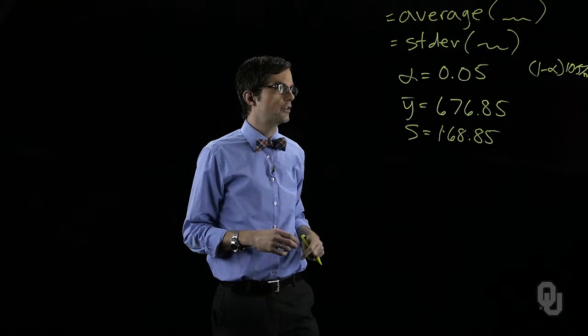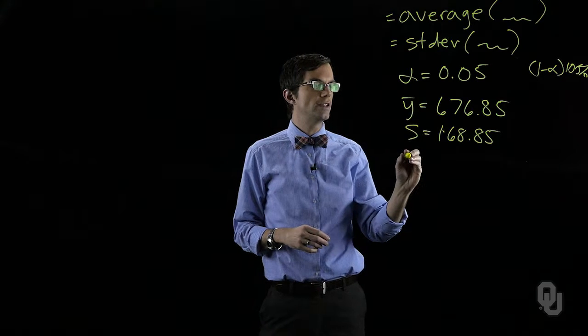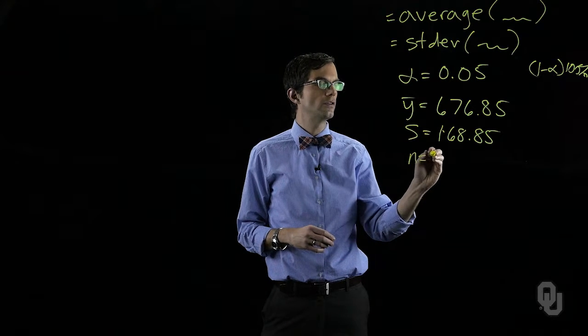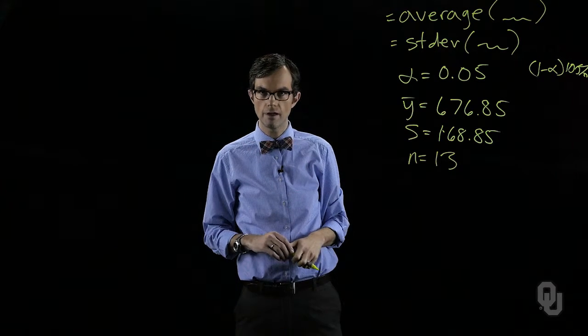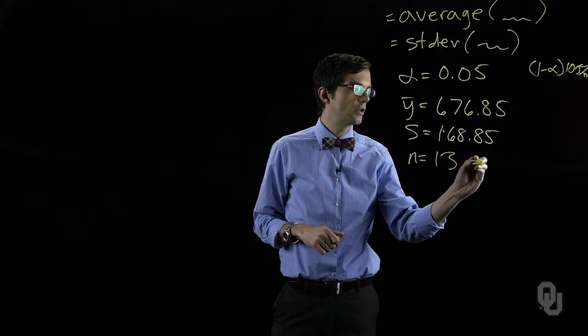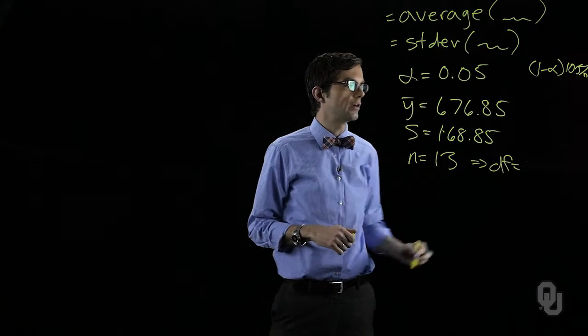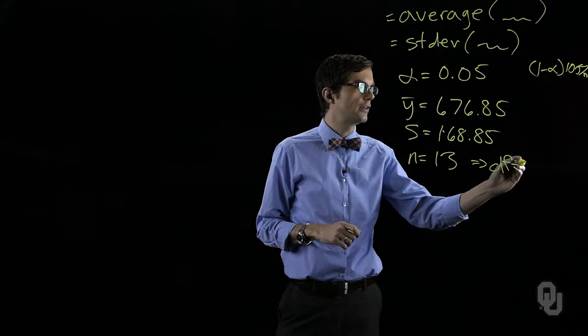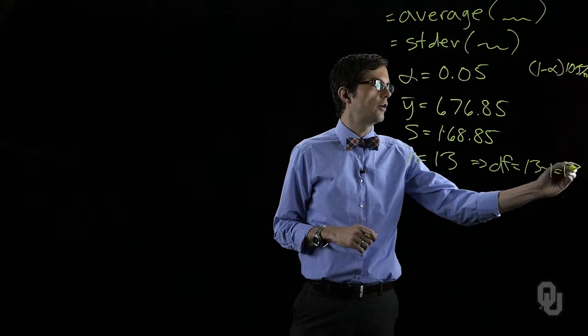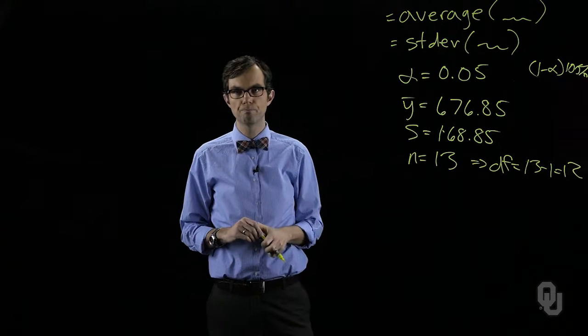Something else that we know is that the sample size n is 13. We had 13 different concrete beams that we measured the shear strength of. That means that our degrees of freedom here, because we're going to have to use a t-distribution, is 13 minus 1, or 12 degrees of freedom.